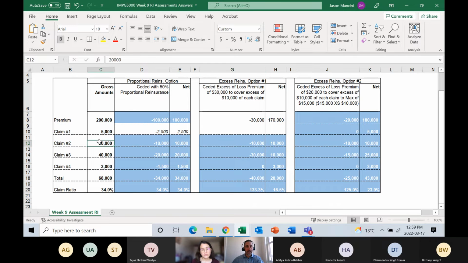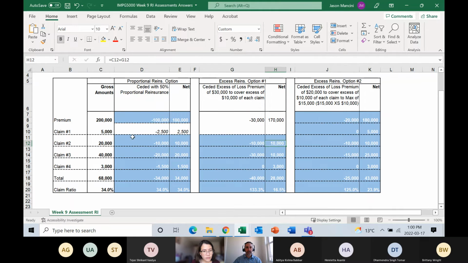So as we move up on this claim for 20,000, we're going to keep the first 10. So how much of this 20 is in excess of 10? So we do 20 less the 10 we keep. So that means we're allowed to recover 10,000 from the reinsurer.